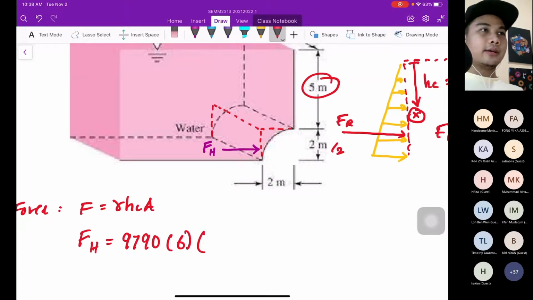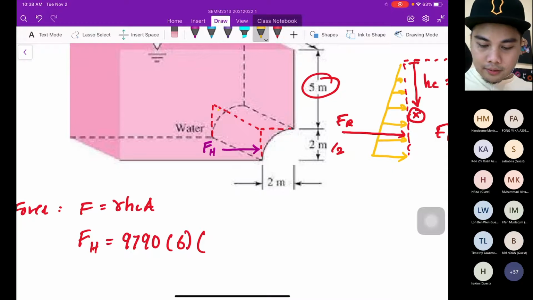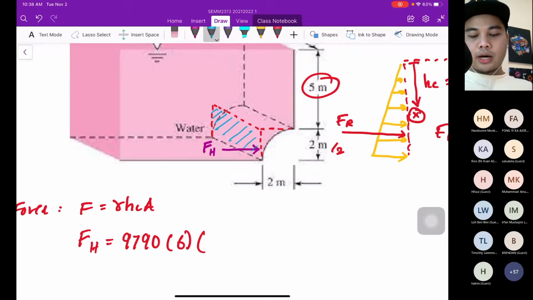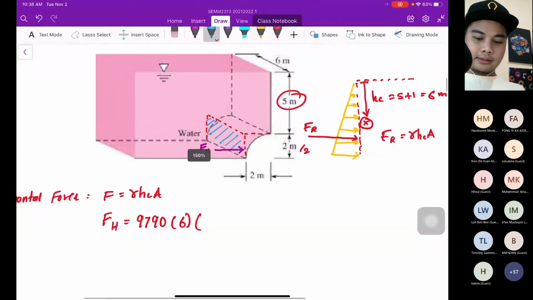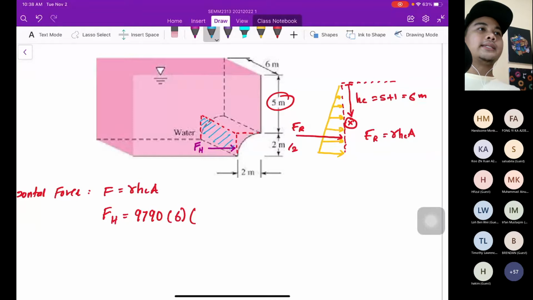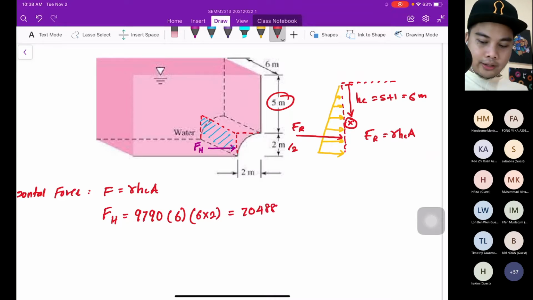Can you see now? This projection area. So what is the area here? 12. 6 multiply with 2. Okay, the answer is 704,880 Newton. That's it. Very simple.